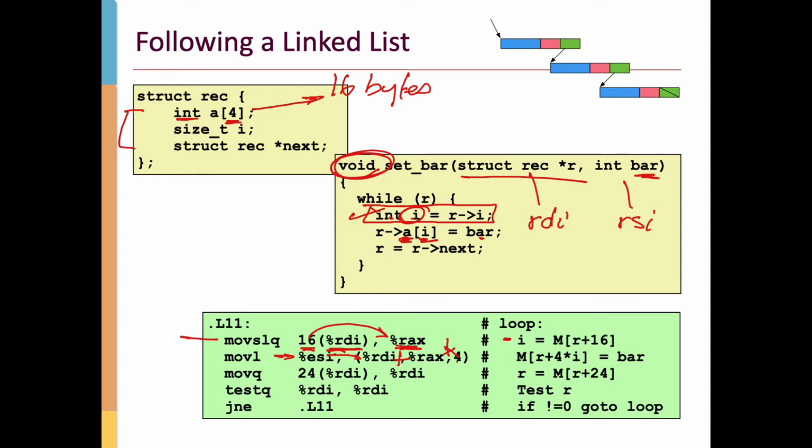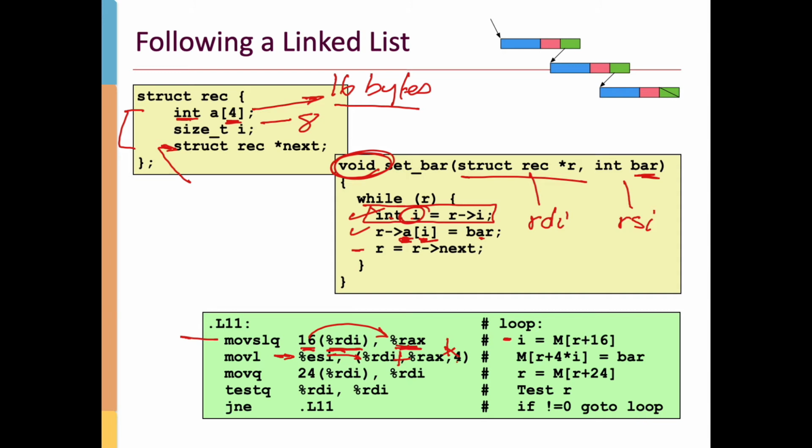So that takes care of this instruction, and finally we want to deal with the assignment of the next pointer to the control variable of the while loop. Again, we know from the structure that's laid out here in memory that we've got 16 bytes for the array of integers. We're going to have another 8 bytes for the size_t parameter, which gives us a total of 24 bytes, at which point this next pointer appears in the structure in memory.